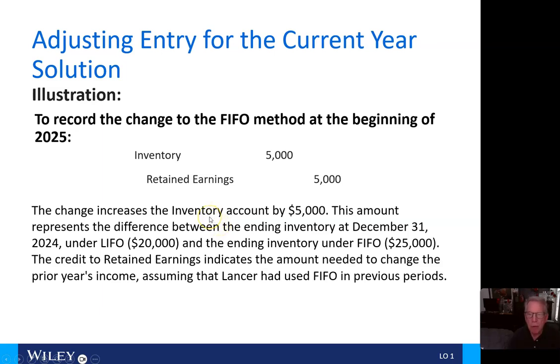This amount represents the difference between ending inventory at December 31, 2024 under LIFO, $20,000, and ending inventory under FIFO, $25,000. So the credit to retained earnings indicates the amount needed to change the prior year's income, assuming that Lancer had used FIFO in previous periods.